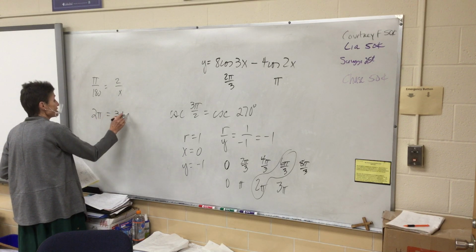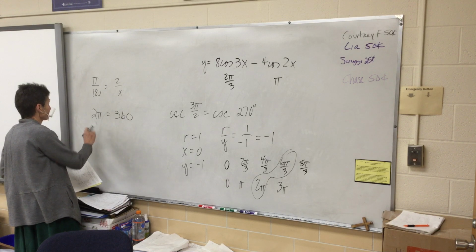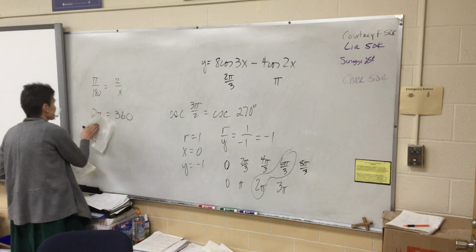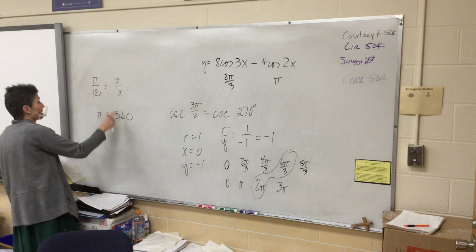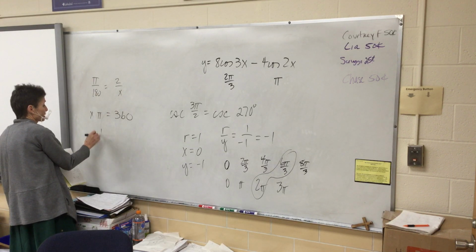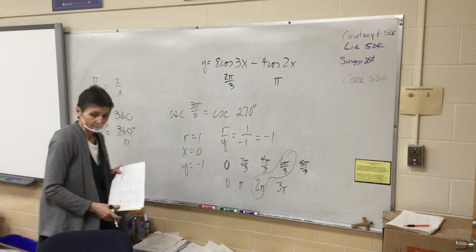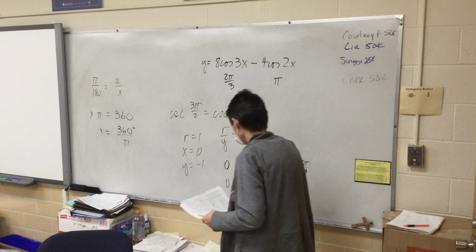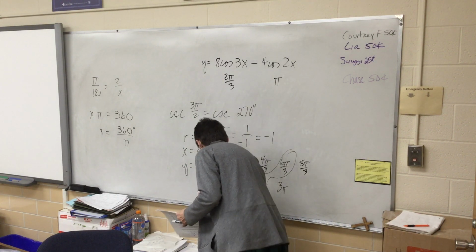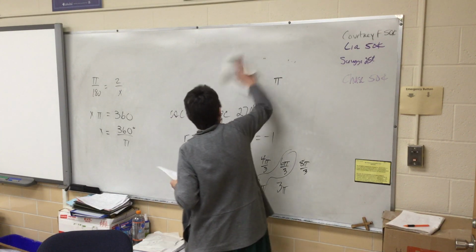Because it doesn't say 2 pi radians, it just says 2 radians. So when I cross multiply, x equals 360 over pi degrees. If it said how many degrees is 2 pi, then it would be 360.